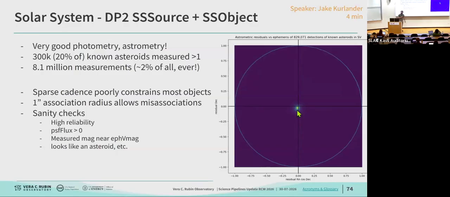We have very good photometry. We have very good astrometry. DP2 includes 300,000 objects that are measured at least once, and 8.1 million measurements of solar system objects. All of these associations between a DIASource and the expected position of an asteroid are made with this flat 1 arcsecond circle.